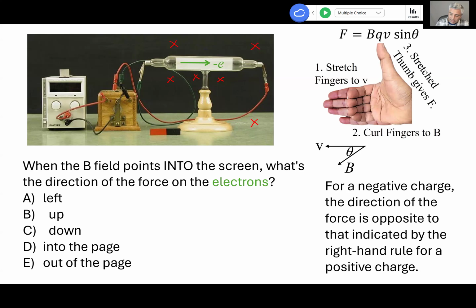In this case, if you have two pens or pencils, orient one in the direction of the velocity, another one in the direction of the magnetic field. Hold that with the left hand. Free up your right hand.